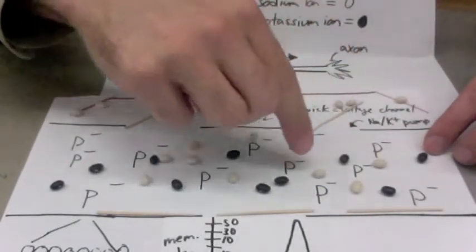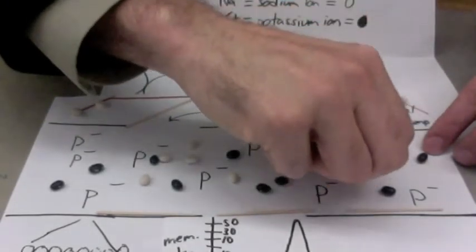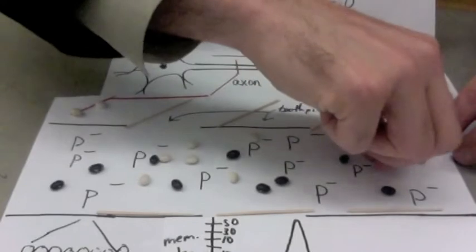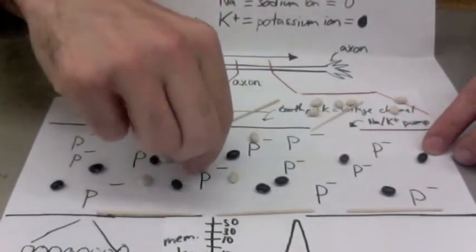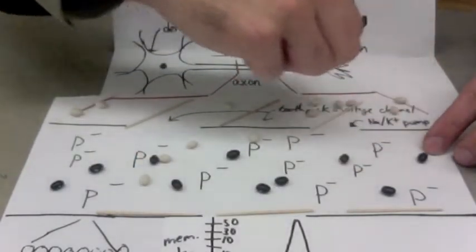So potassium is pumped back inside, and sodium is pumped back outside of the neuron, through the sodium-potassium pumps.